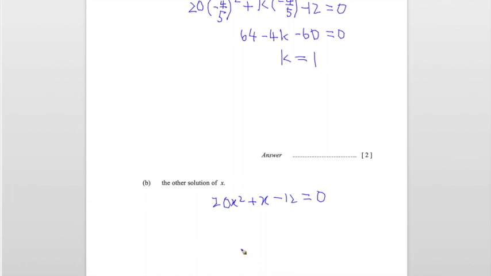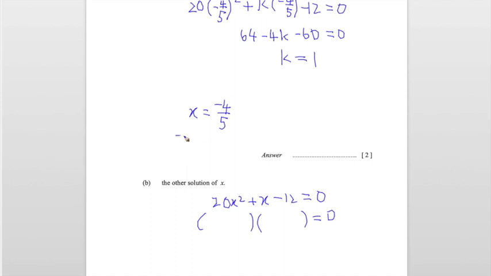Now remember that we are given that one solution is x equals negative 4 over 5. If x is equal to negative 4 over 5, then the factor which gives this solution is 5x plus 4.